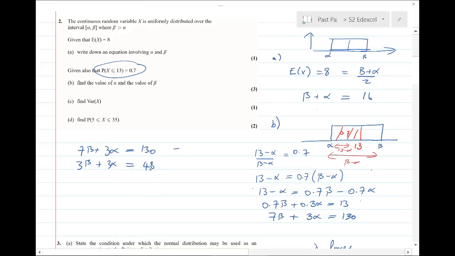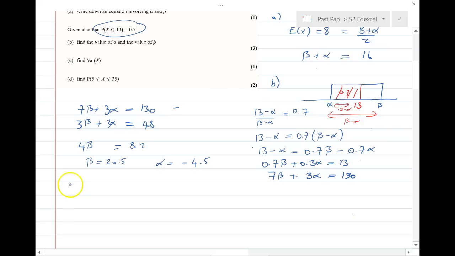So subtracting those two gives us 4 beta equals 82. So 82 divided by 4 equals 20.5. So beta is 20.5 and alpha is therefore equal to 16 minus 20.5, which is minus 4.5.